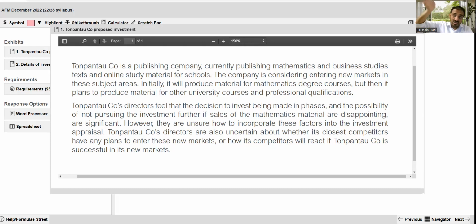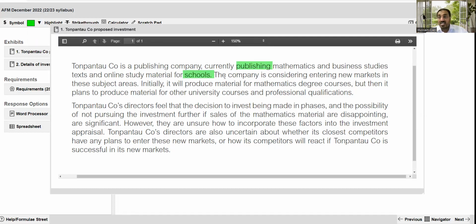Now you have to read the main context with that particular scenario in mind, based on the requirement. Tonpantau company is a publishing company currently publishing mathematics and business studies text and online study material for schools. So they are a publisher for schools.